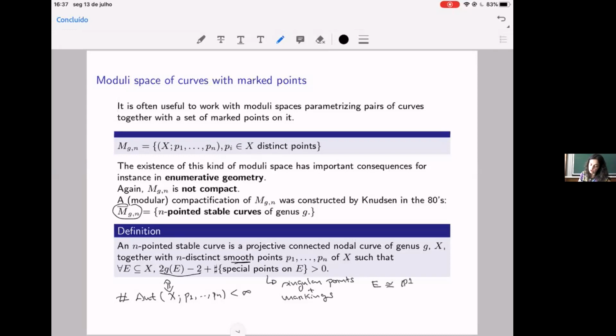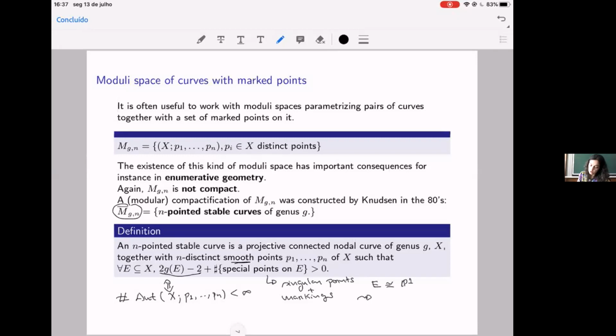If you have a rational subcurve, then this condition will be saying that your P1 has at least 3 special points, which is, as you know, what you have to ask for in order to fix your P1.